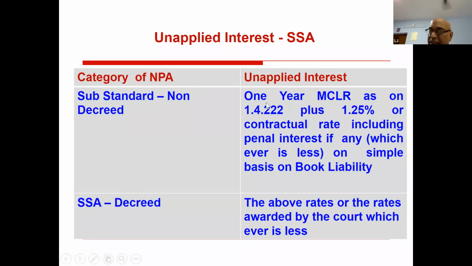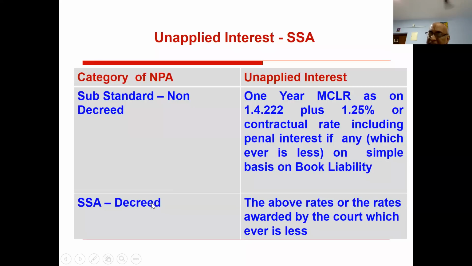You find out 1 year MCLR on 1/4/2022 plus 1.25%, or the contractual rate of interest as per the sanction, including penal interest if any. Whichever is lower, you have to apply for calculation of the unapplied interest on a simple basis on book liability.